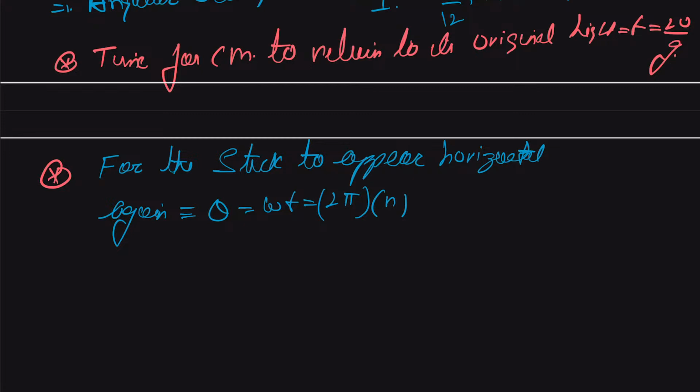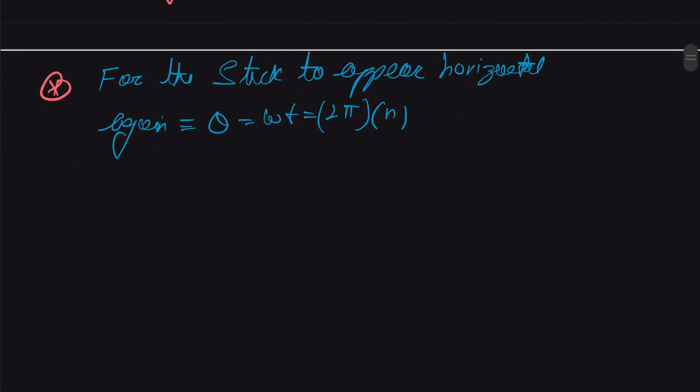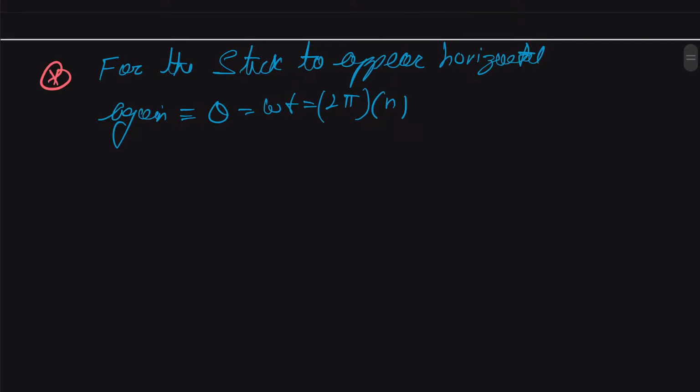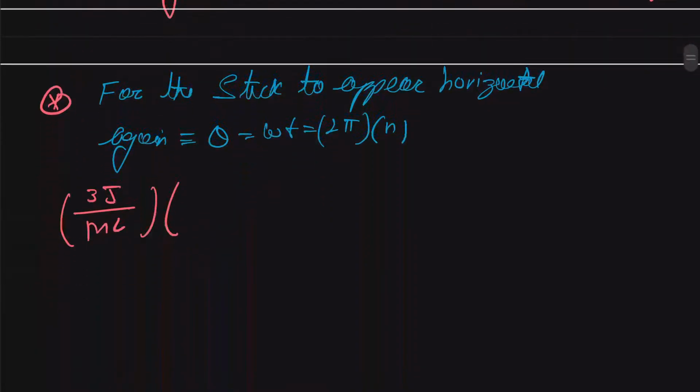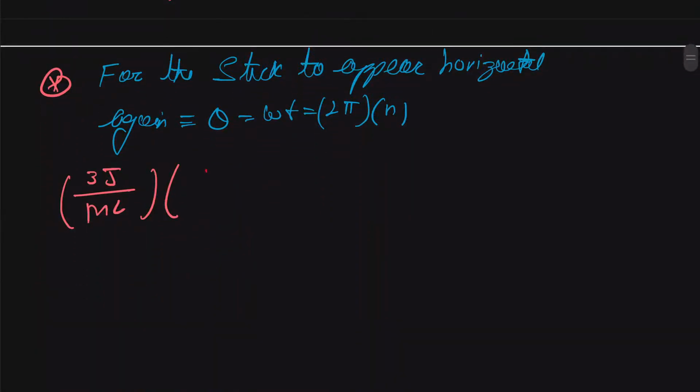And we can easily substitute our values. We can write this will be equal to 3J upon mL, time is 2v, and we substitute the value of v, so this comes as 2J upon mg, equal to 2n pi.